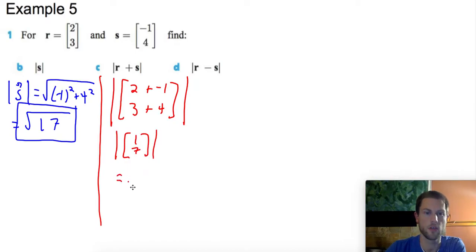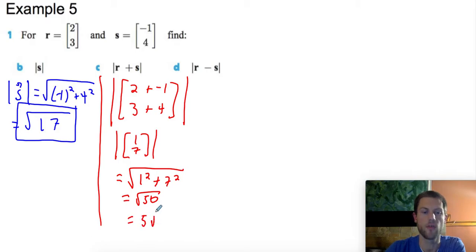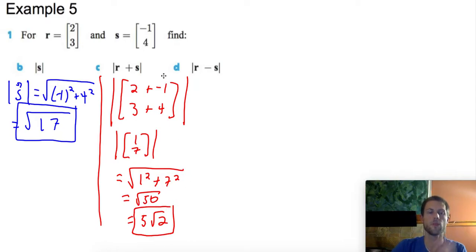And that's going to equal the square root of 1 squared plus 7 squared, which is equal to the square root of 50, which is equal to 5 root 2. That's the magnitude of vectors R plus S.